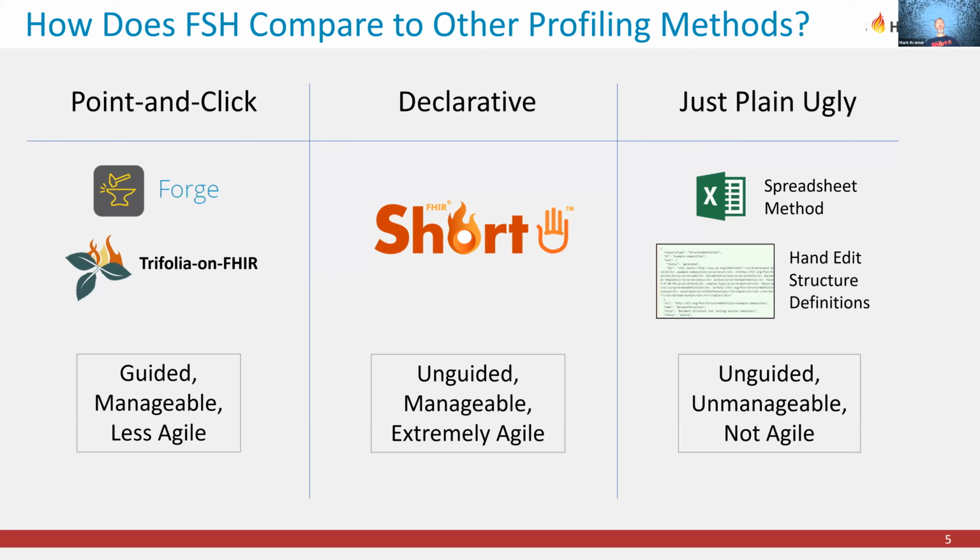And on the far right, just plain ugly. Some of you may be familiar with some of these techniques. The spreadsheet method is what we were using 4 or 5 years ago. And some people still prefer to hand edit structure definitions, and there's nothing wrong with that. You just have to know what you're doing, since that can get very complex.